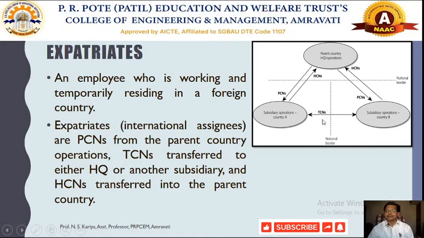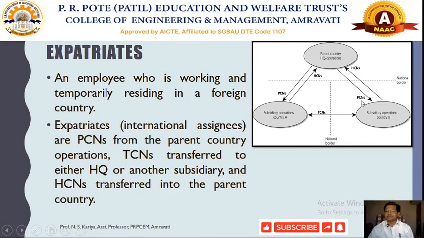These are the other countries, but the company has started its subsidiary operations in country A. Now if any employee from country A is transferred to the parent country itself, that employee would become HCN, host country national. Similarly in the case of country B, if any employee from the parent country is transferred to country B, then it should be called PCN.